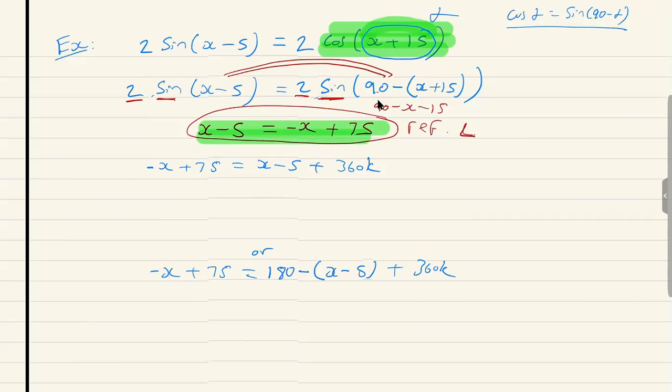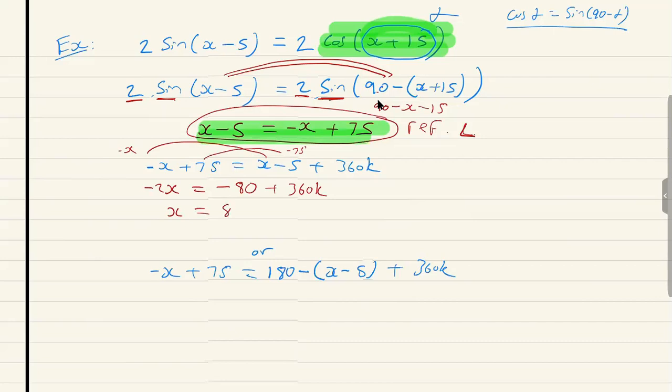Now, let's solve. Take this x to the left hand side, negative x. Negative 2x is equal to, take 75 to the right hand side, negative 75, negative 80 plus 360k. Divide each side by negative 2.